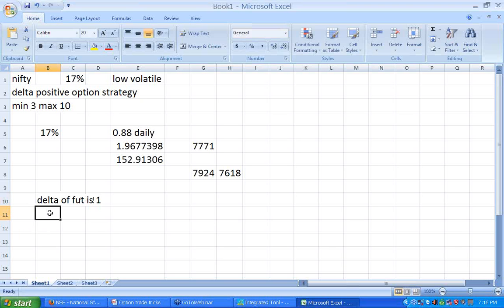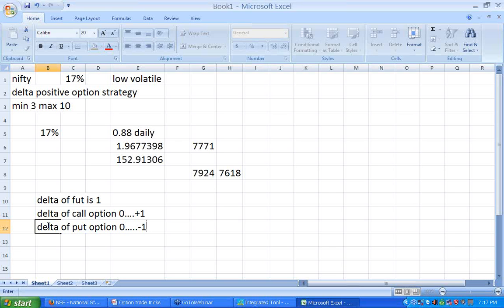If you are buying a future, it is +1. Delta of a call option varies from 0 to +1, and delta of a put option varies from 0 to -1. So this is the delta's nature.